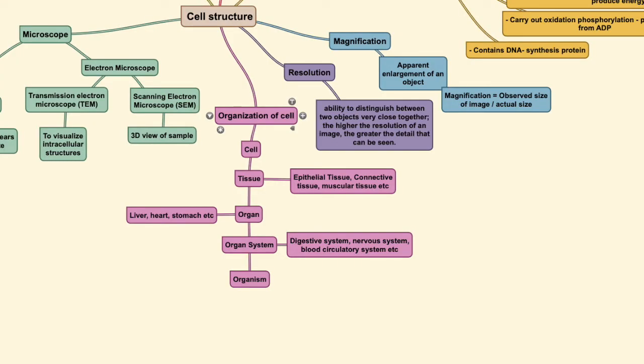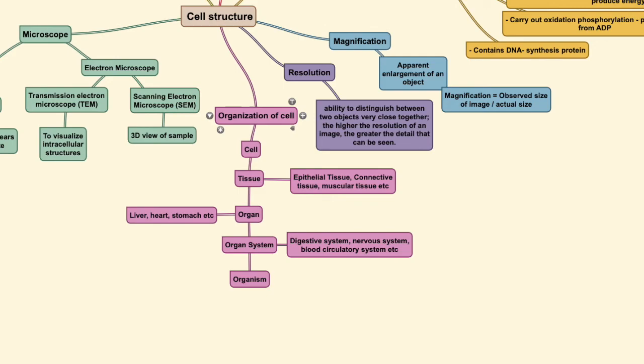Last but not the least is the organization of the cell. This is how from a cell it develops into an organism, a whole person. So from cell, it will differentiate into a tissue, more tissue will develop into an organ, all the organs combined will be an organ system, and that's how you form an organism.